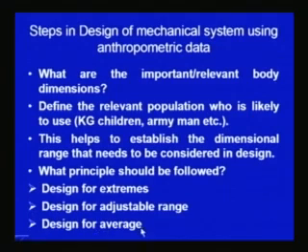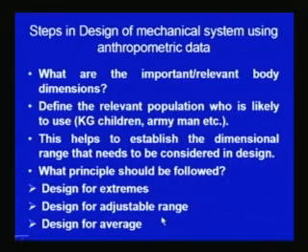The design for average principle is used when there is no specific group of the population who can use a mechanical system, like a tap or the location of the switchboard in a public place.